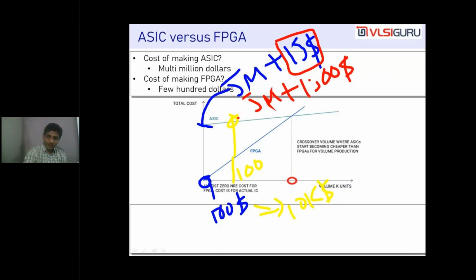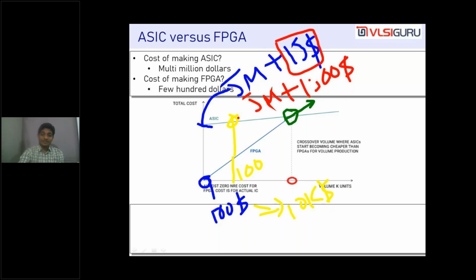Now, as you keep going, you will reach a point where FPGA starts getting more costly compared to ASIC. You can even sit and do that calculation. Let us do that calculation so that you understand what is FPGA and what is ASIC, and it doesn't take much effort.